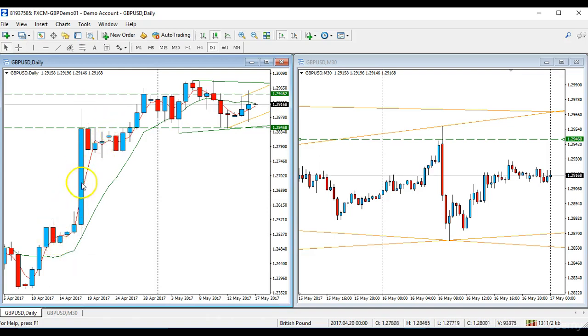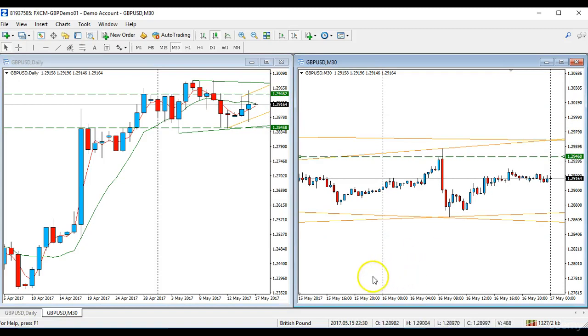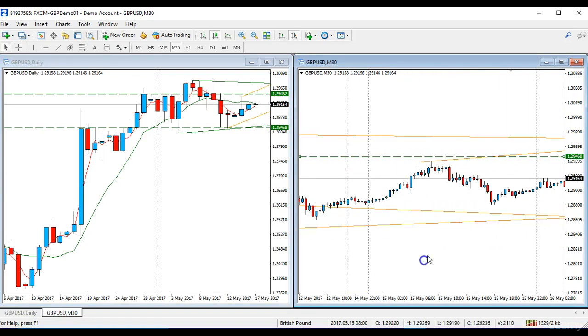Here's the momentum on the pound US dollar, and because this fast moving average is moving very fast and the candles are exceeding the moving average, that's where I want to look for trades. But here the price is moving sideways, so the only trades I would want to take are these small sideways moves. I'm not going to take big moves in the market.